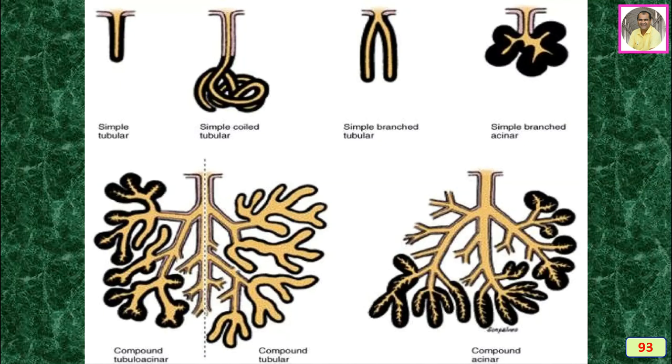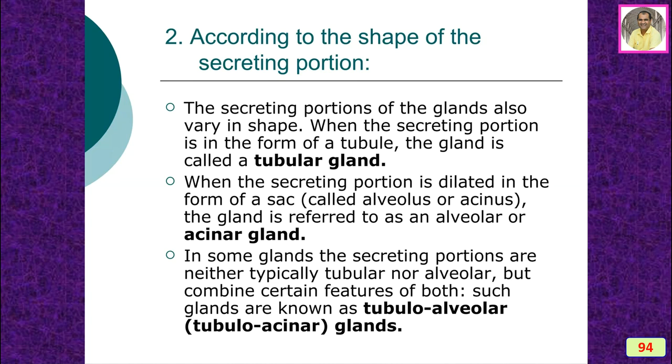This is a structural analogy, little sketches of compound tubular cells and compound acinar cells, stained black.